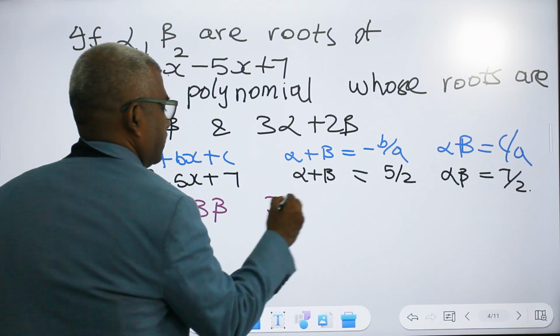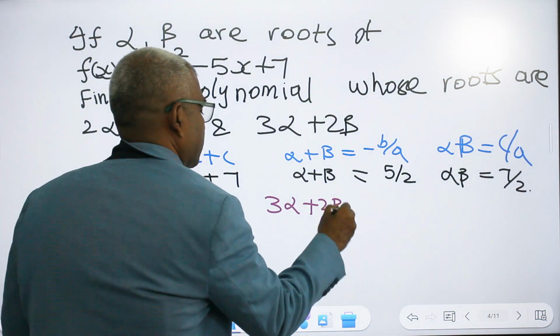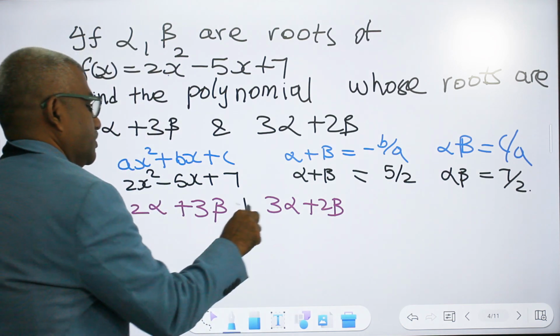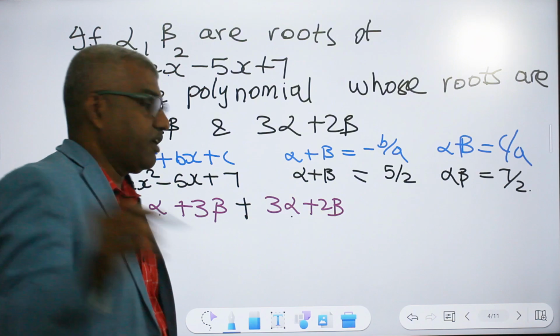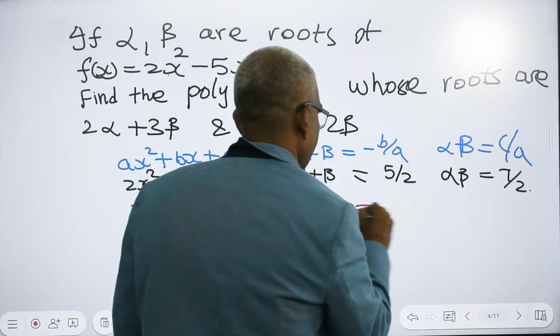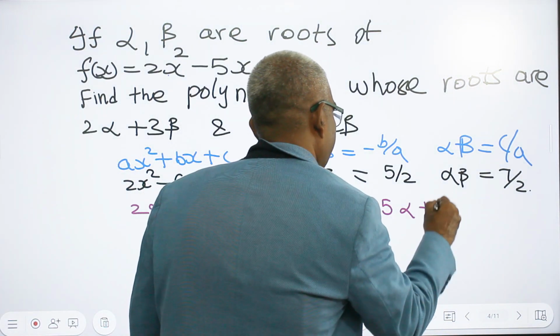Another root is 3 alpha plus 2 beta. Sum of the roots is 2 alpha plus 3 alpha, that is 5 alpha, and 5 beta.